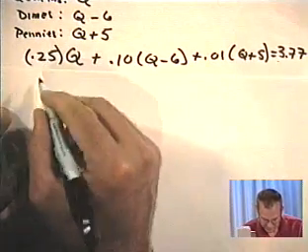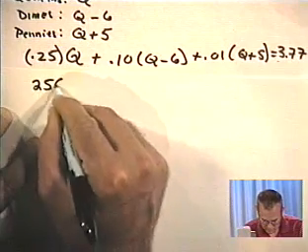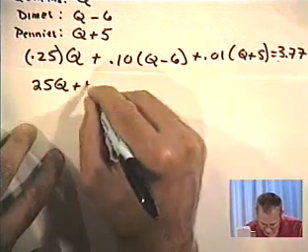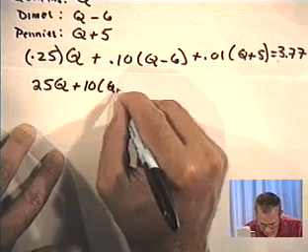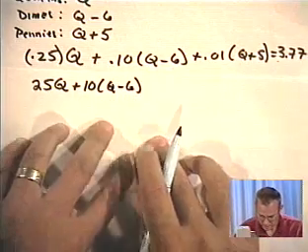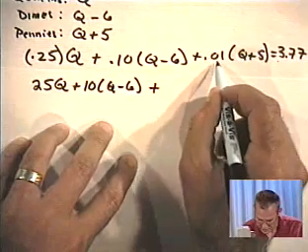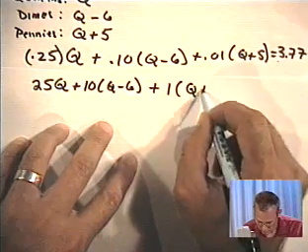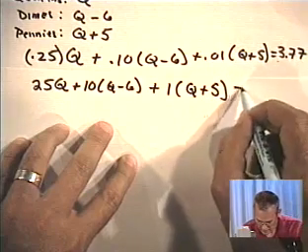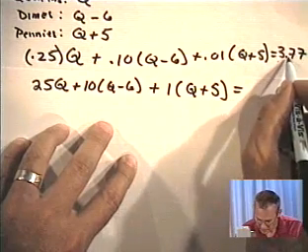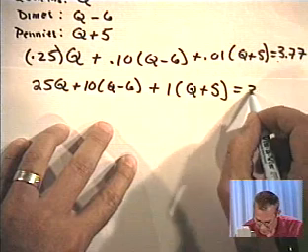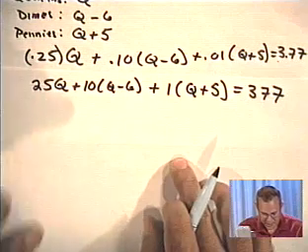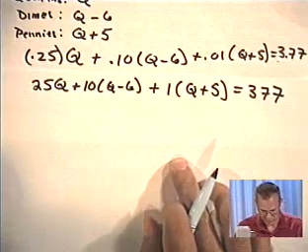Multiplying by 100 here, and here, because my decimals are gone.